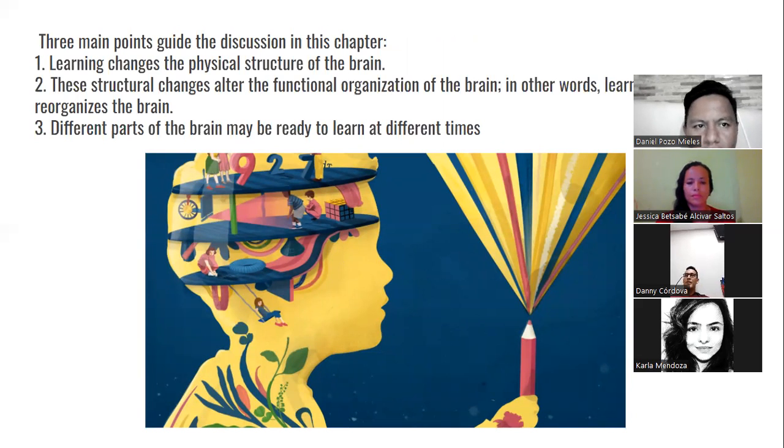okay. In this chapter, we can explain that learning changes the physical structure of the brain. These structural changes alter the functional organization of the brain. In other words, learning organizes and reorganizes the brain. The different parts of the brain may be ready to learn at different times.